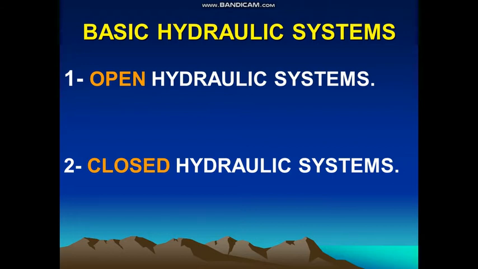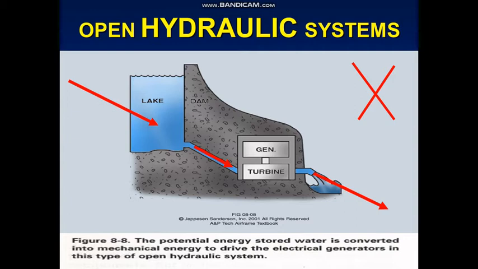Today we will talk about the basic hydraulic systems and the using of hydraulic system. The basic types of hydraulic system are the open hydraulic system and the closed hydraulic system. What do we mean by this? Here we have an open hydraulic system.